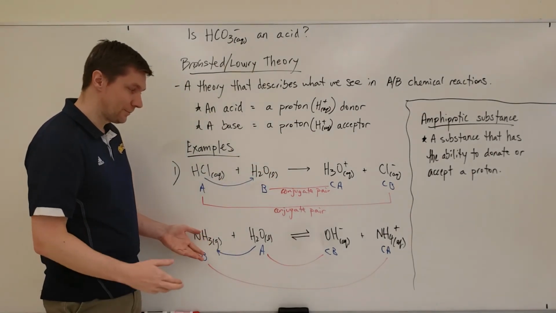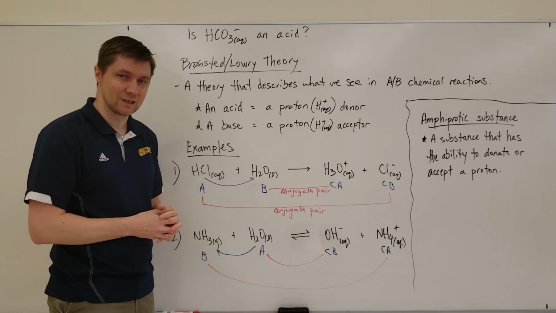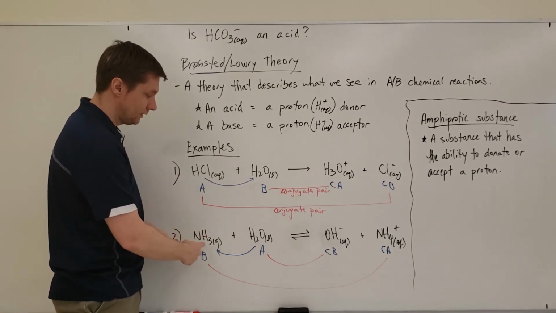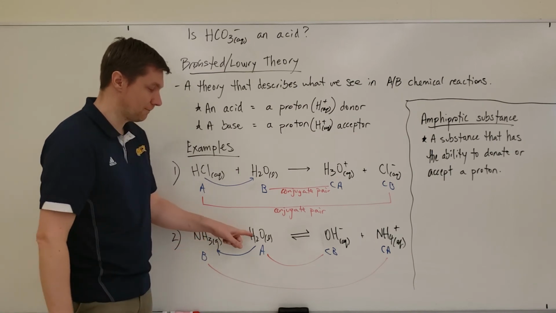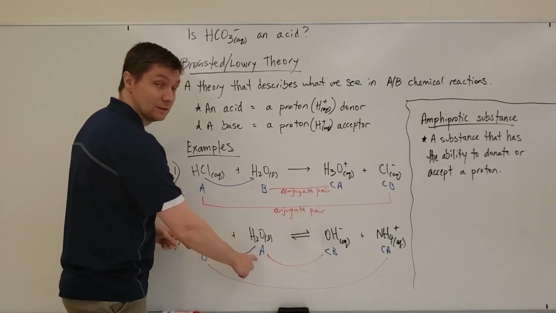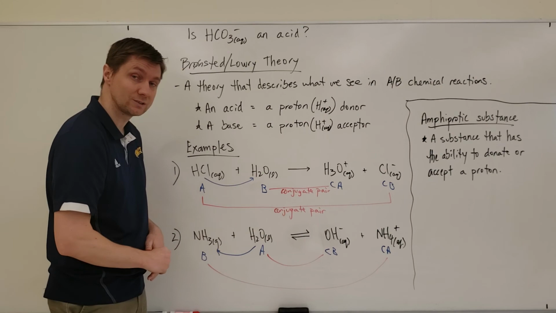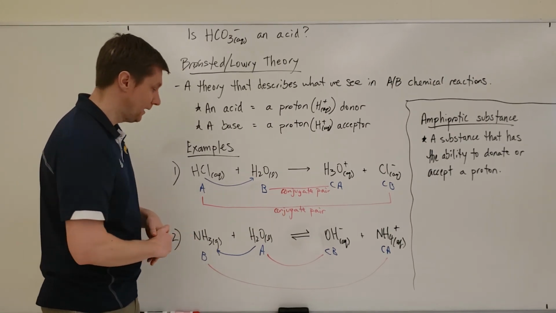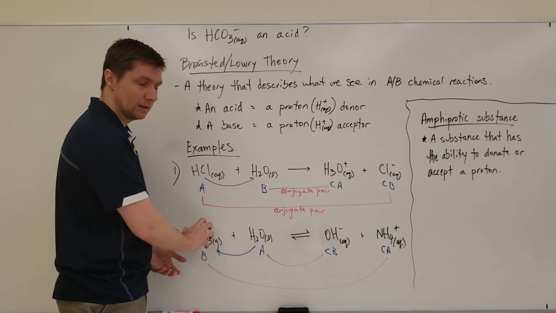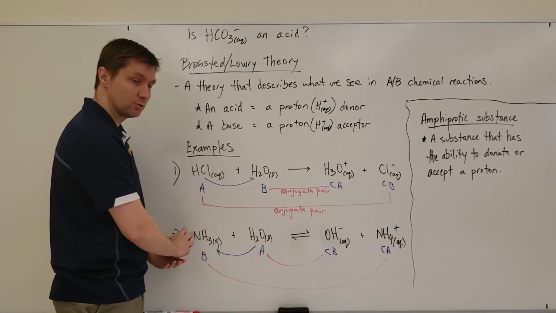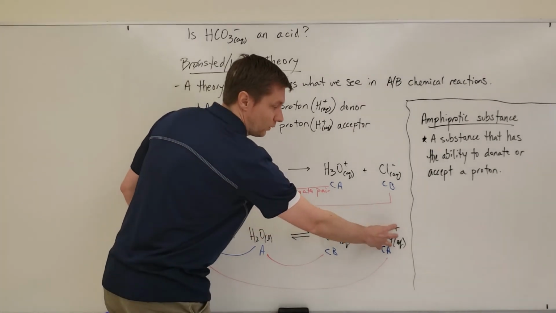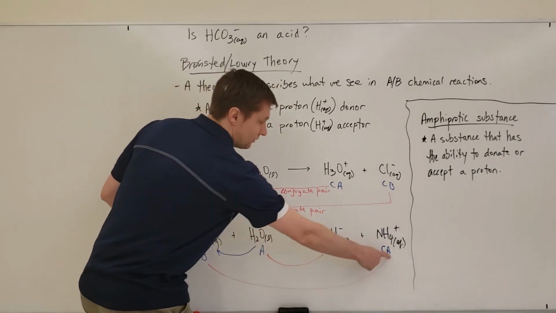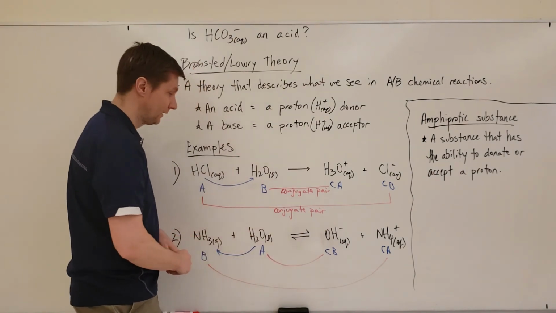In this second example, again, it's really the same thing, but you can see the reverse happening. Here, ammonia is accepting a proton from water. And so that now makes, in this reaction, water a Bronsted-Lowry acid, and it makes ammonia the Bronsted-Lowry base. Because ammonia accepts a proton, it now becomes NH4 positive, which makes it the conjugate acid, and these two things are the conjugate pair.